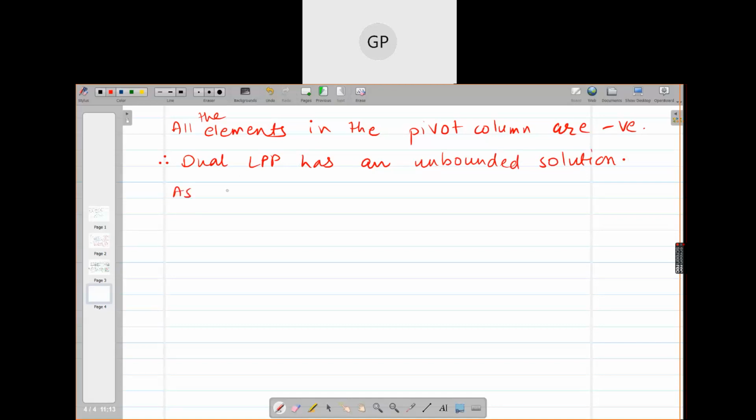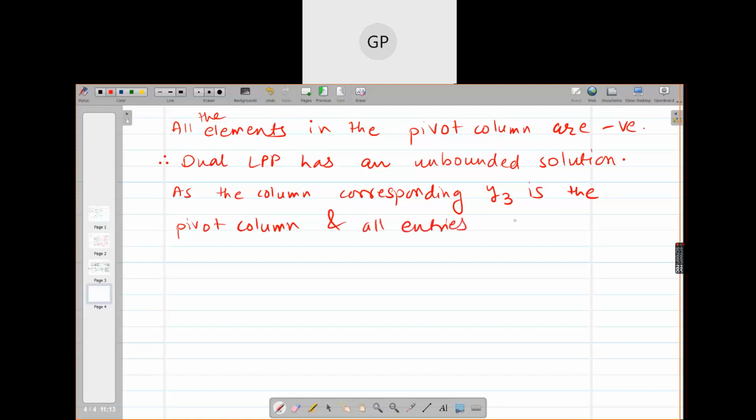So, as the column corresponding to Y3 is the pivot column and all entries are negative, the value of Y3 can be increased indefinitely.